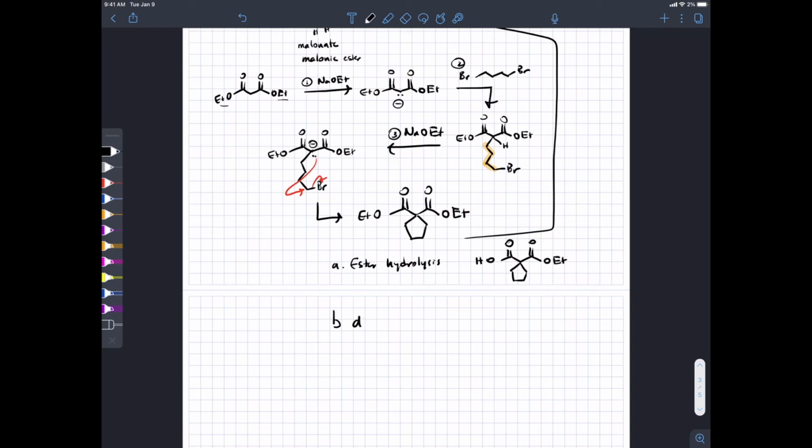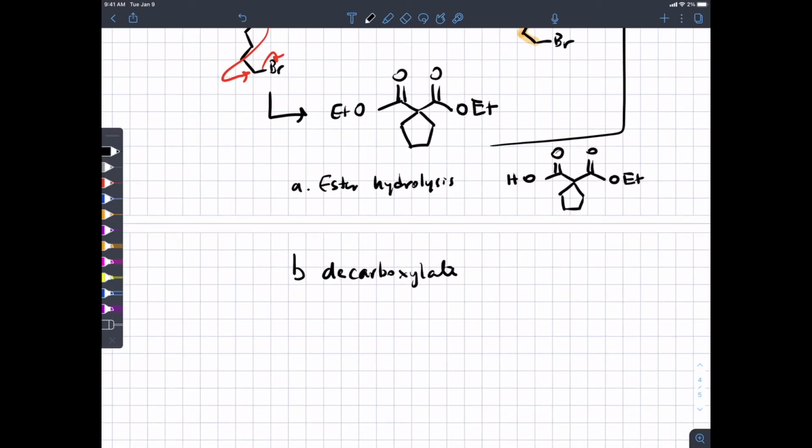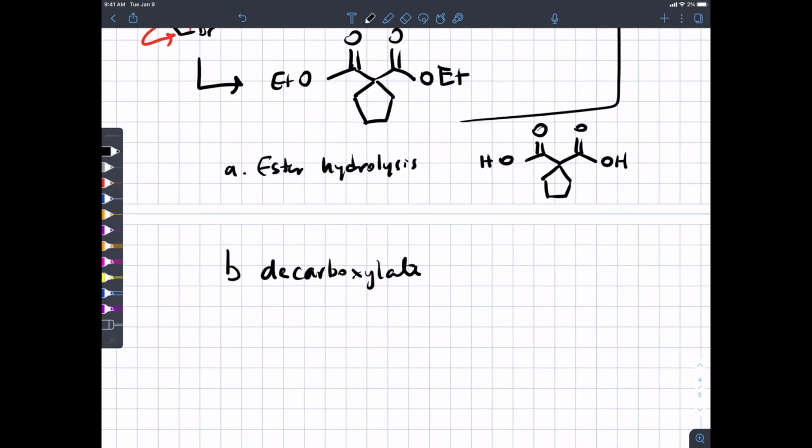Then we decarboxylate. We can do a decarboxylation on a beta diacid in the same way we can do it on a beta keto acid.